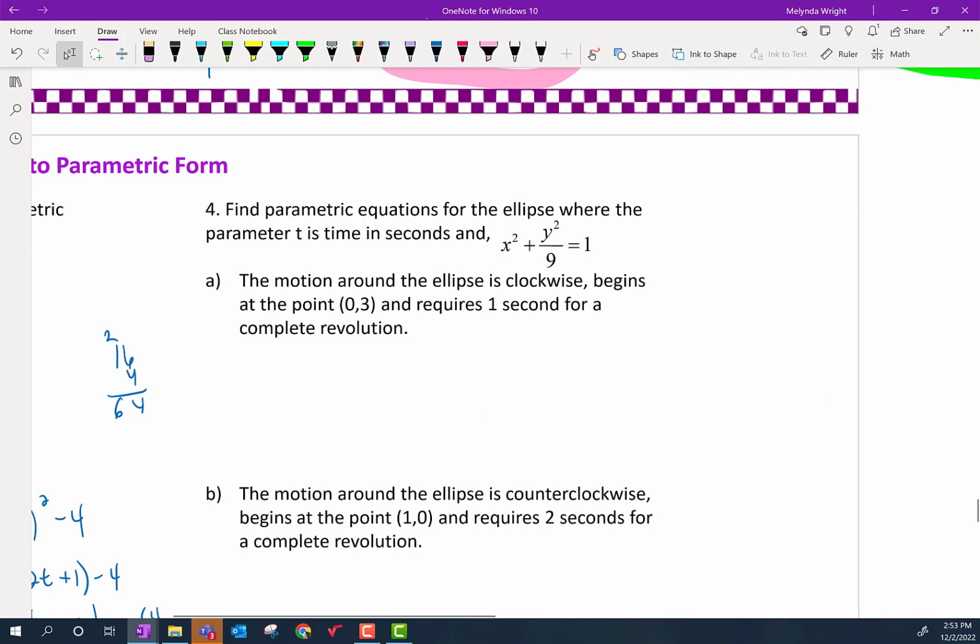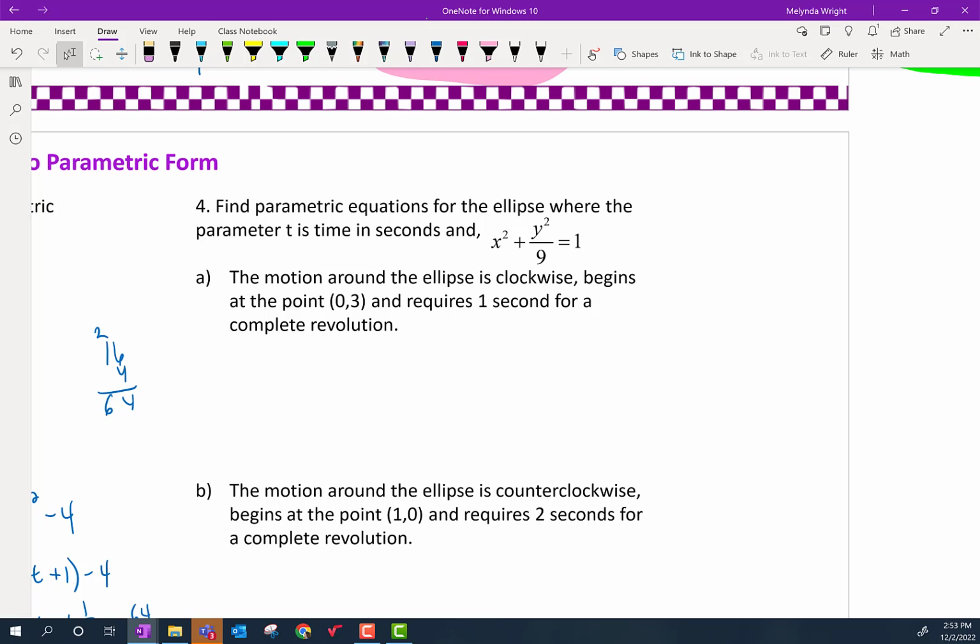Okay, we need some background before we get into this problem. So I'm going to write down standard forms. Let's write it up here.